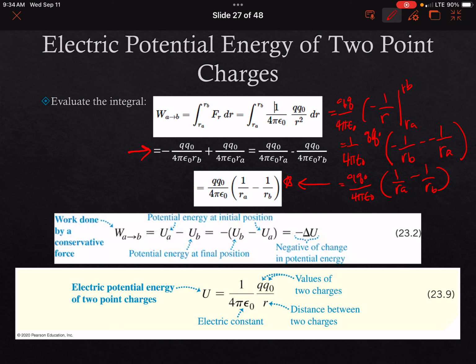And we already know that the work done by an electric force, which is a conservative force, is equal to negative delta U. So this expression must be equal to negative delta U. And if negative delta U is U, the potential energy at point A, minus the potential energy at point B, then this term must be the potential energy at point A, and this term must be the potential energy at point B. In general, the potential energy at any distance r between two charges is 1 over 4 pi epsilon naught, Q Q naught over r.